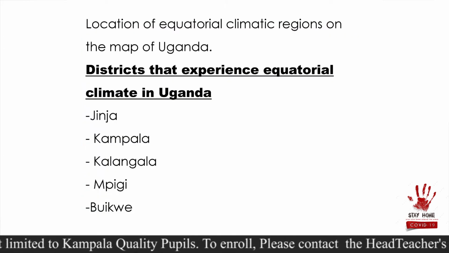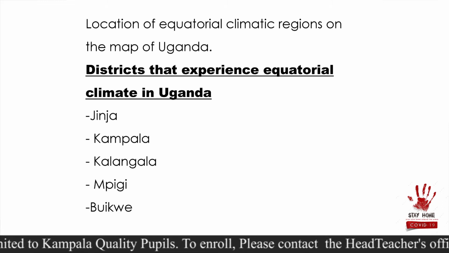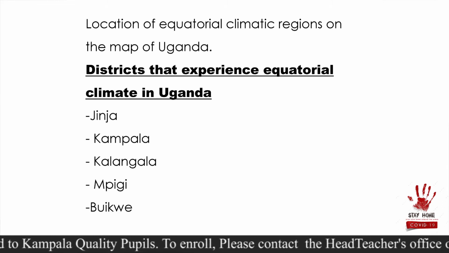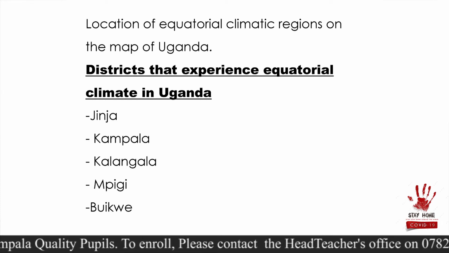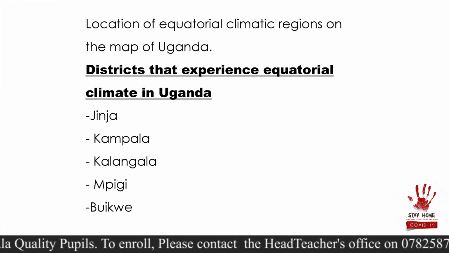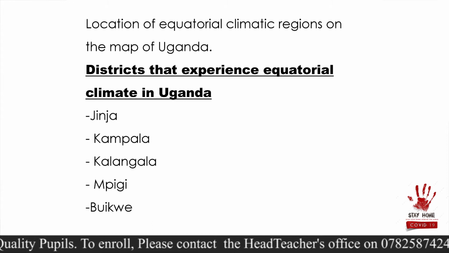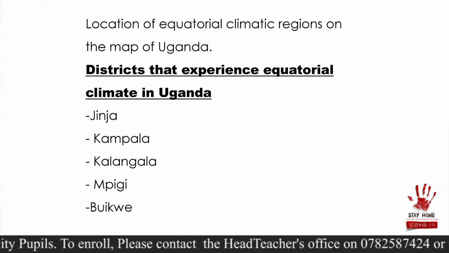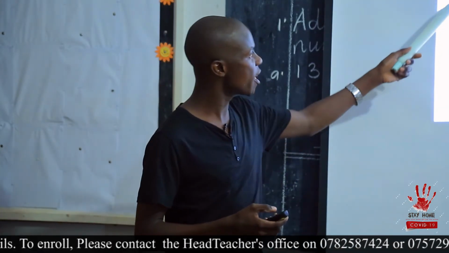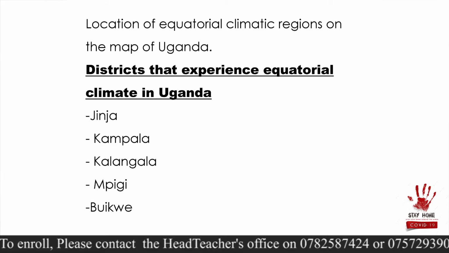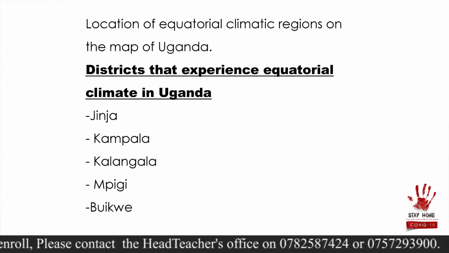I believe you came up with such districts as Jinja, Kampala, Kalangala, Mpigi, and Buyikwe. Why do you think these areas experience equatorial climate?